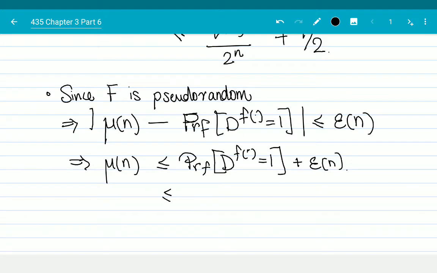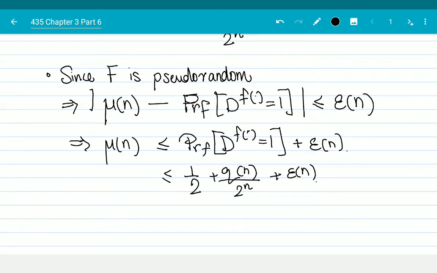Which is to say, well, I already said that this is smaller than or equal to 1/2 plus q of n over 2 to the n plus another epsilon n, right? And now, because q n is at most polynomial, q n over 2 to the n is also negligible, right?